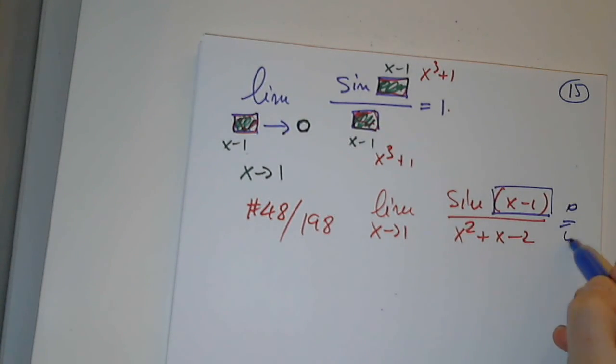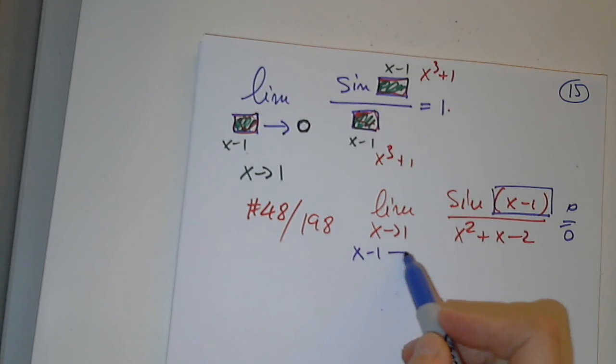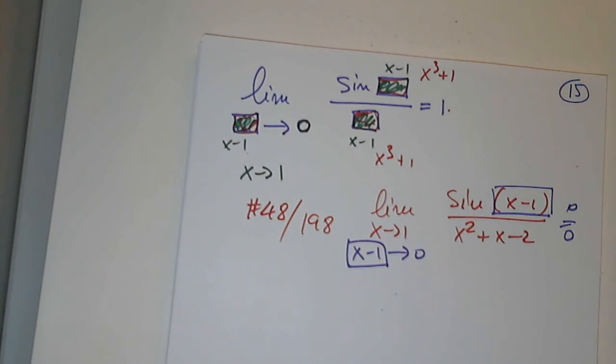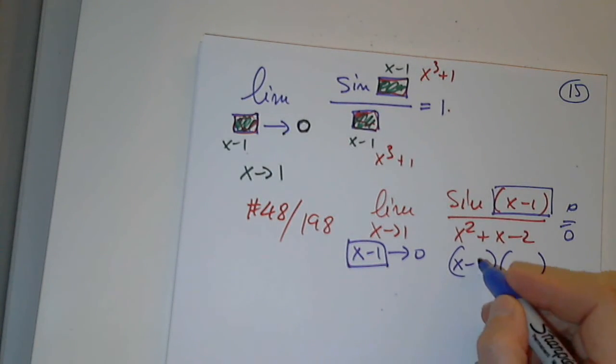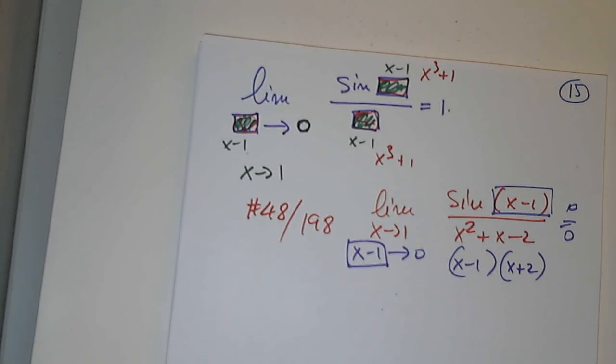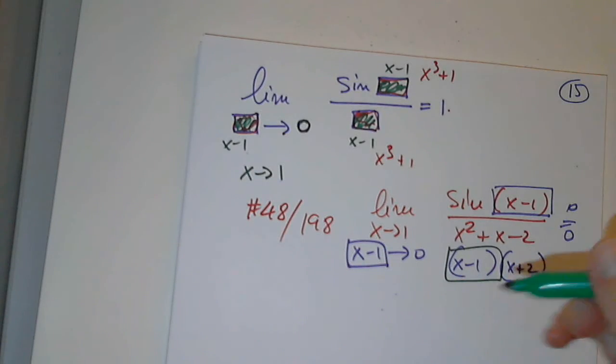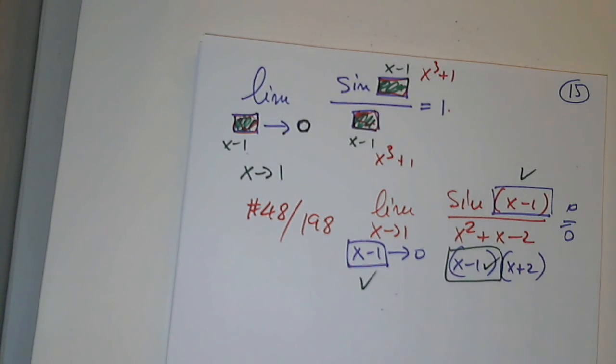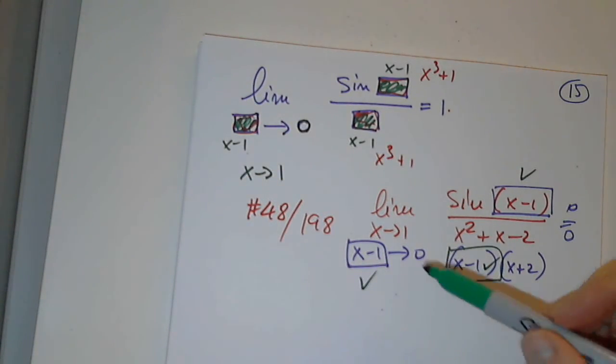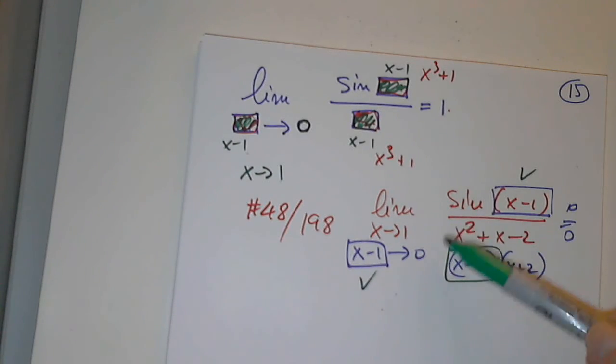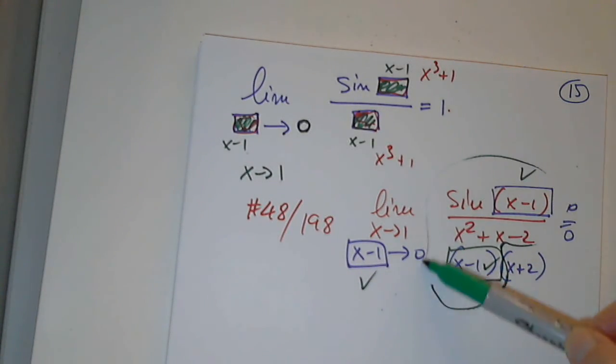of course it's 0 over 0. This piece, because x approaches 1 means x minus 1 approaches 0. Same thing. This and this are the same. And here I can factor the denominator, indeed. So now I know that since these 3 are the same, what is the limit of this piece?